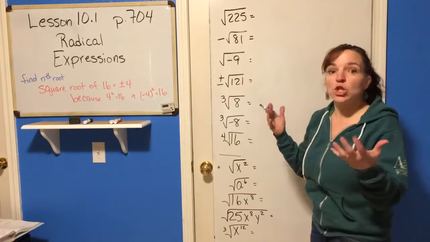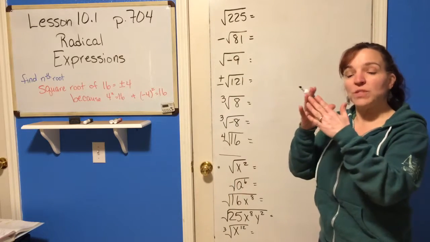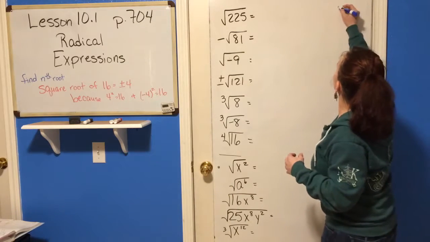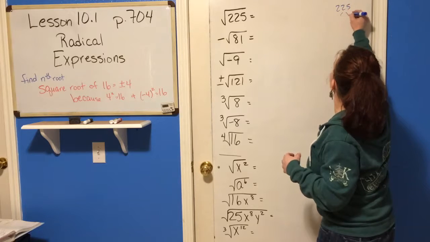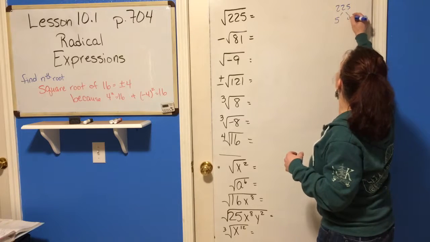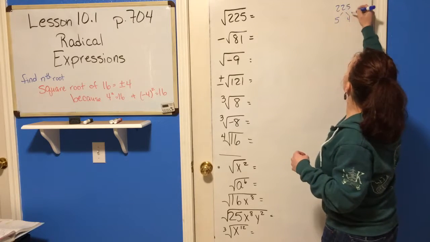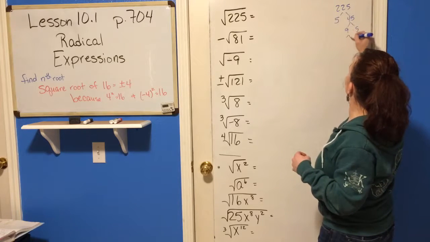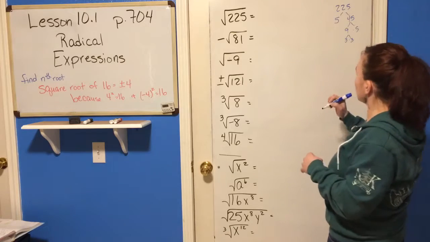Well, if it's a large number like this, it helps if you break it down into its prime factors. So 225, we can take 5 times, what is that? I should have done this ahead of time. 45, is that right? And then 45 is 9 times 5, and 9 is 3 times 3.